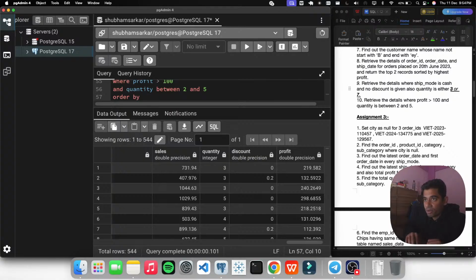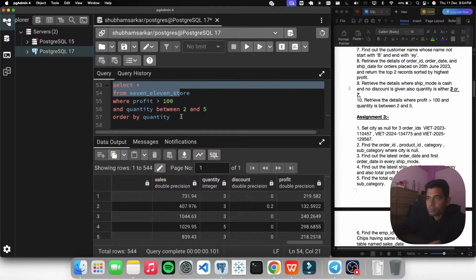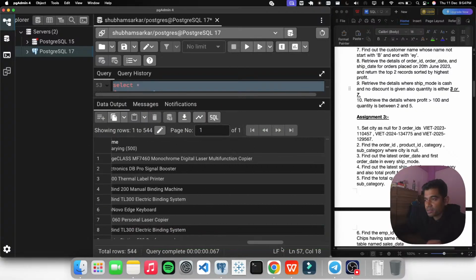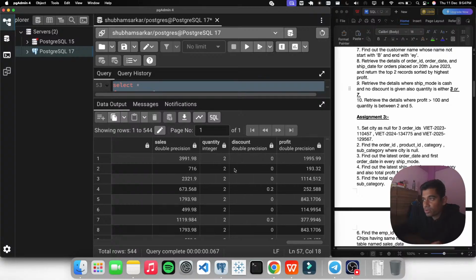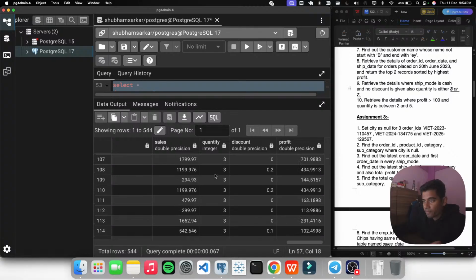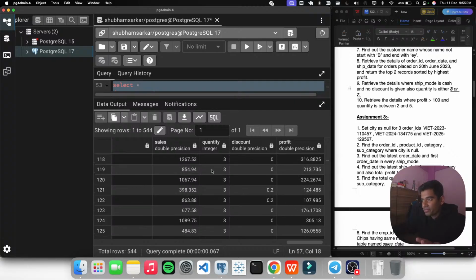So we will write order by quantity and let's see what output we get. In this we get an output of, okay, quantity is 2. So it's order by, so obviously from 2 it will go till 5.